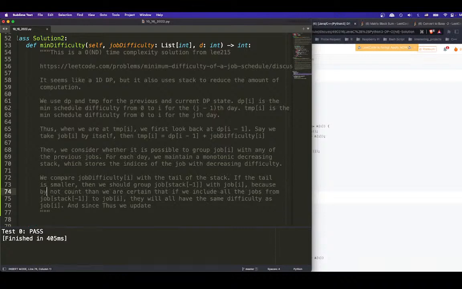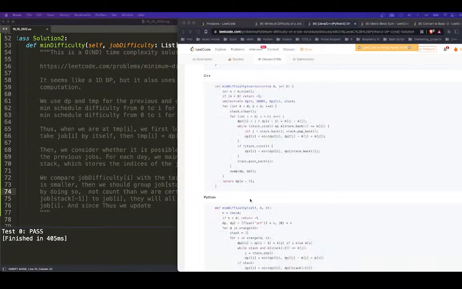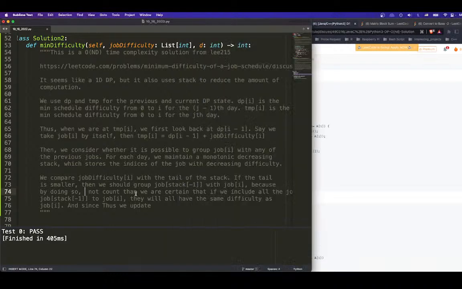Because by doing so, we are not incurring more, no, let me see again. Pop, and then we'll say this one minus this. Oh, dp2j minus this.